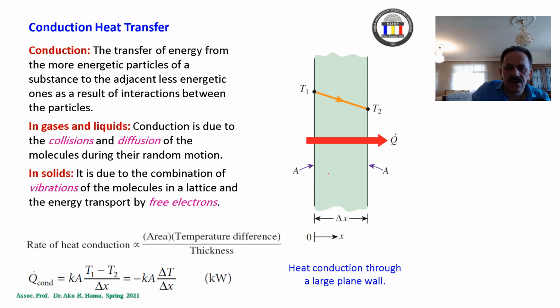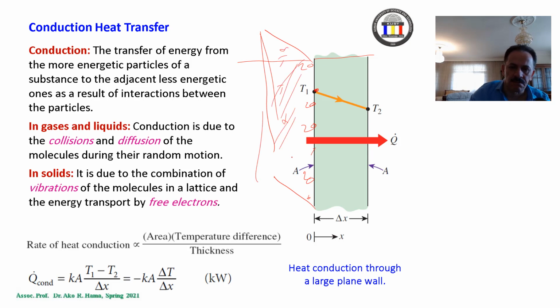It means that if you have, for example, a wall, a surface, a body like this, and the temperature on this one, for example, is 20 degrees Celsius. If I take any point on this surface and measure the temperature, it is 20.